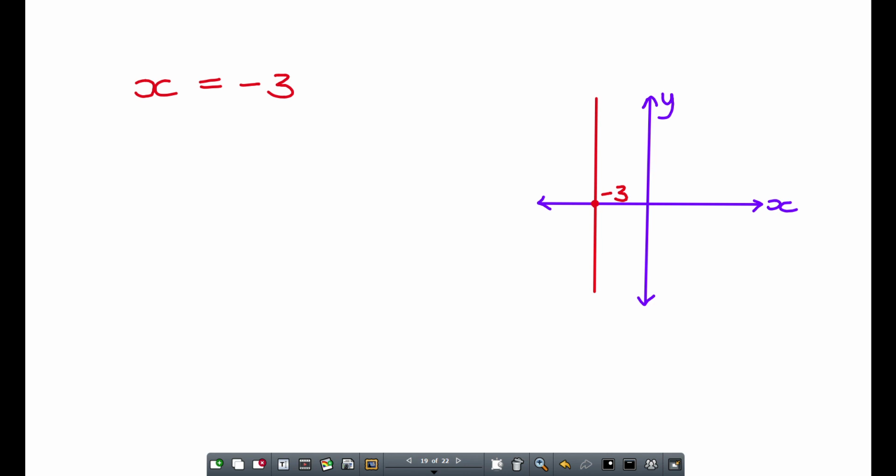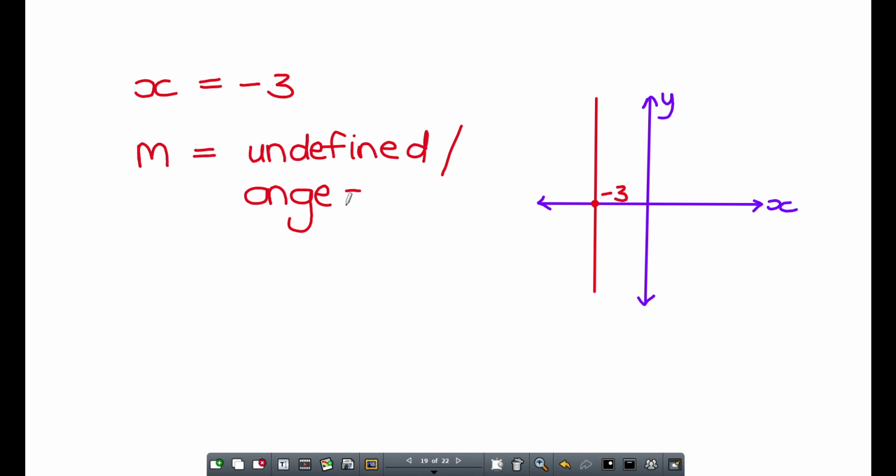Nou, hier, baie belangrik, jou gradient can't say 0. Gradient is undefined. Ongedefinieerd. Okay?